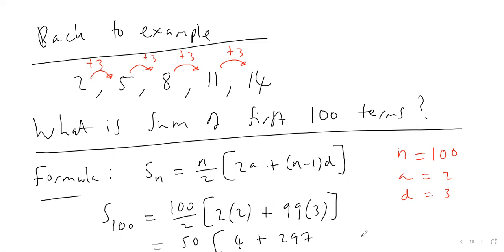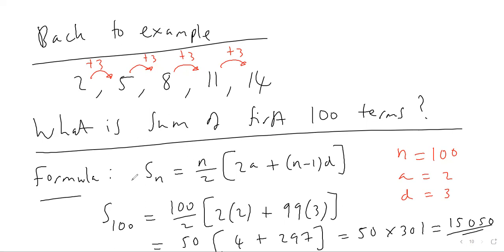So we got 297 plus 4. That's going to give us 301. So we get 50 times 301. And so we get a final answer of 15,050.